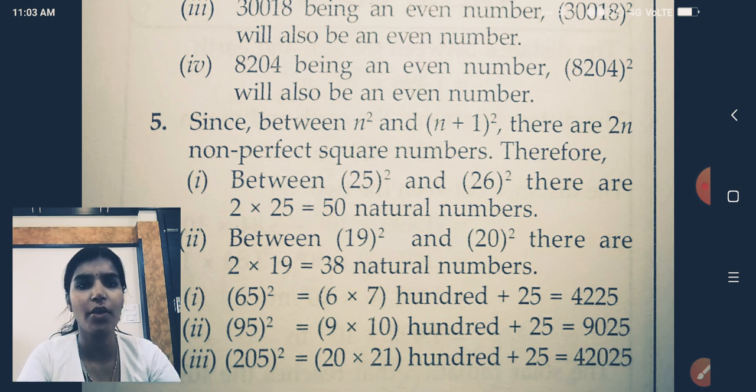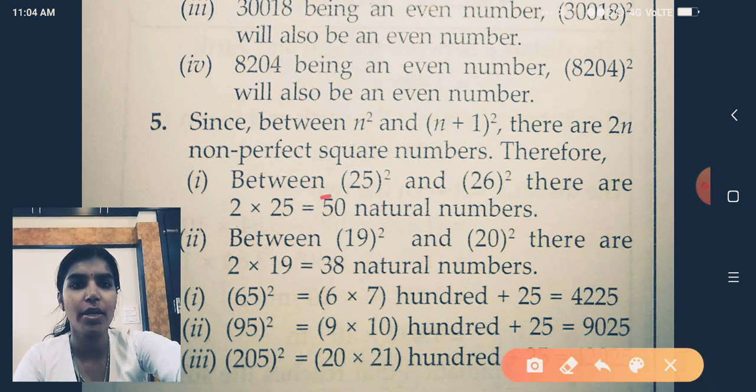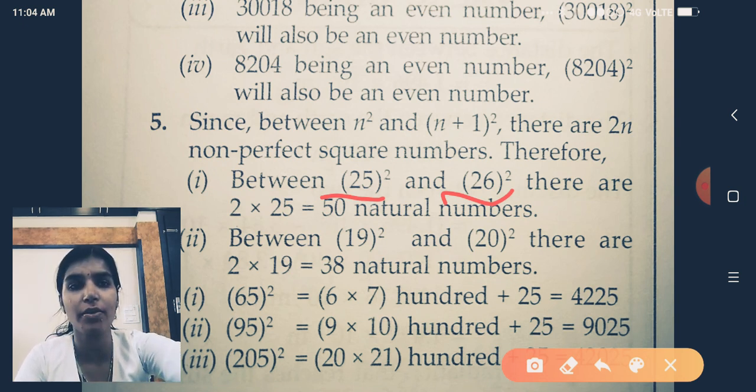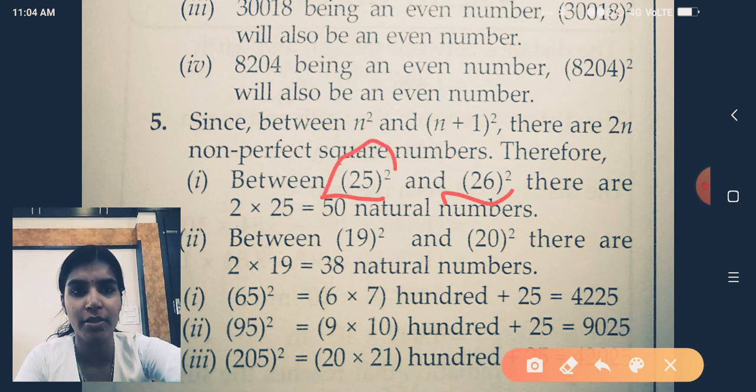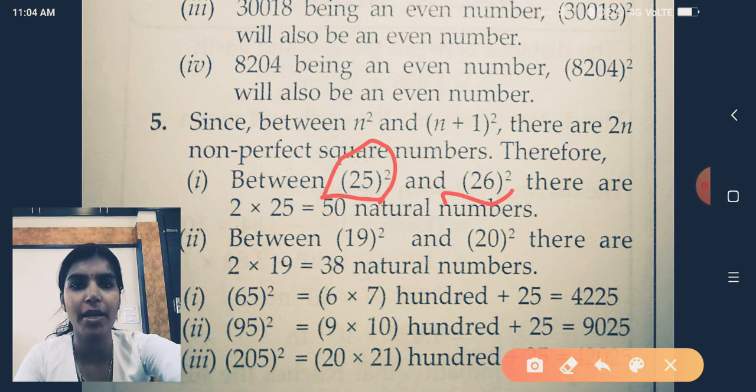So you just have to check whether these two numbers are consecutive numbers or not. Consecutive means continuous. Here you check 25 and 26, are these consecutive numbers? That means there are no natural numbers available between these two numbers. So you just find the smaller number between these two, which is 25. Directly multiply it by 2.